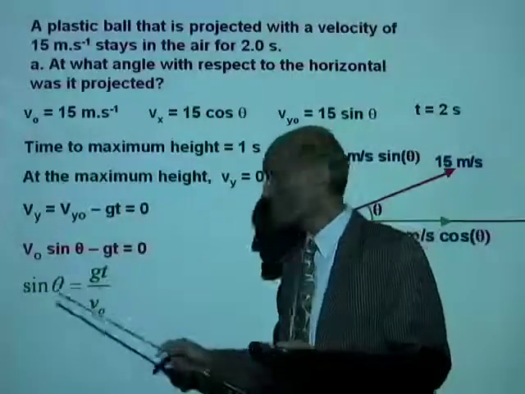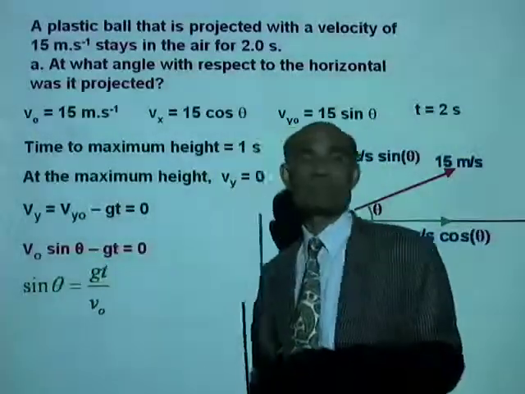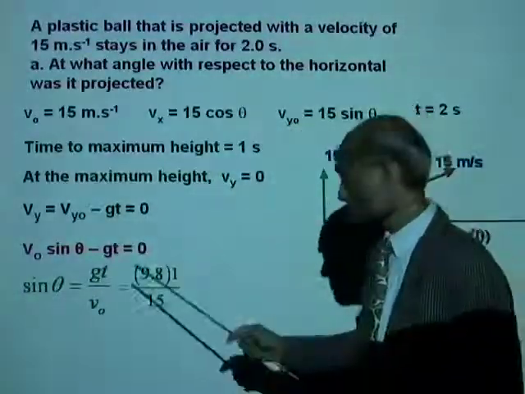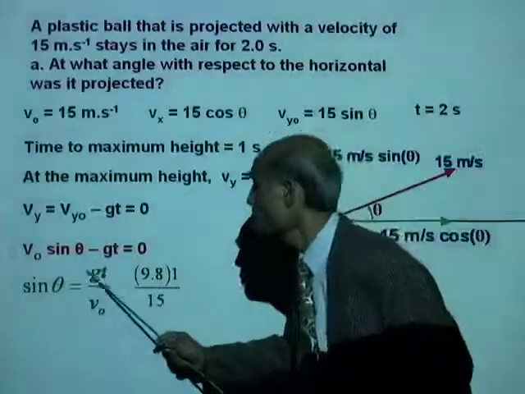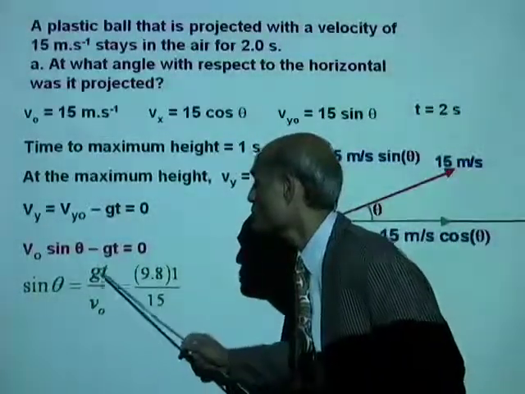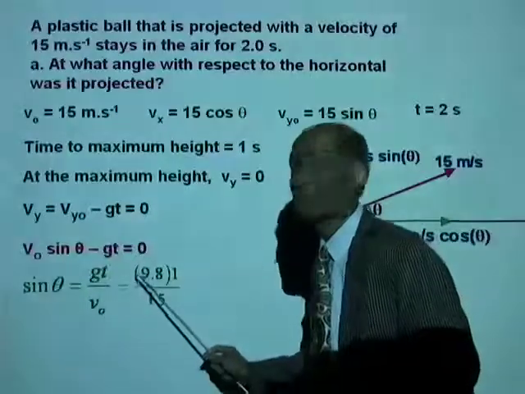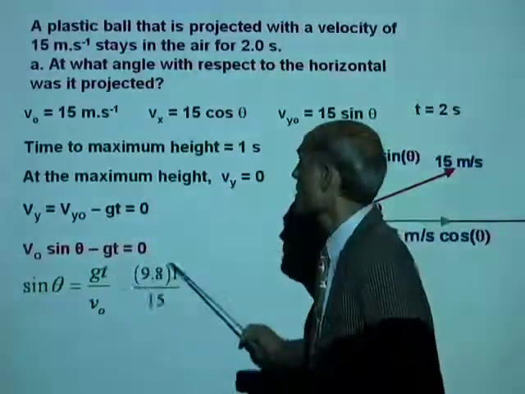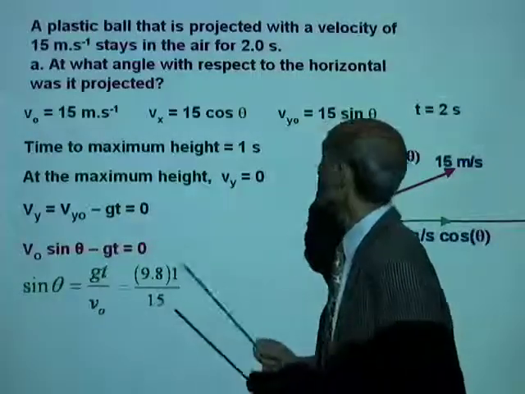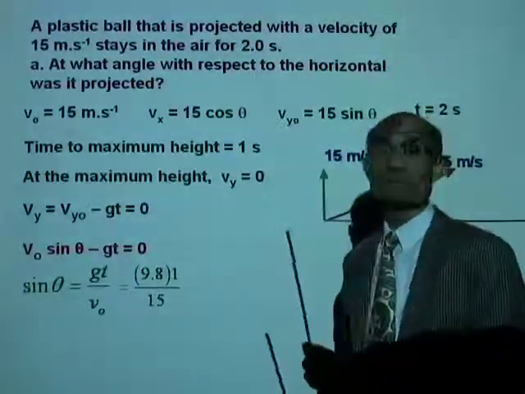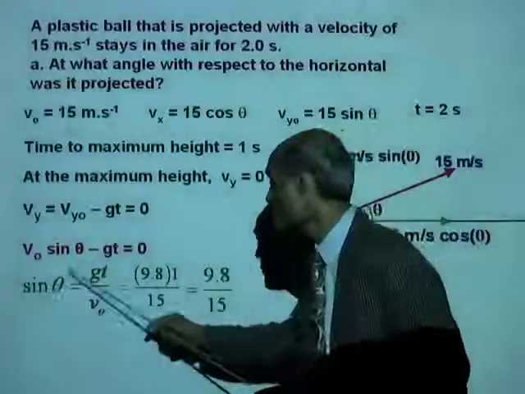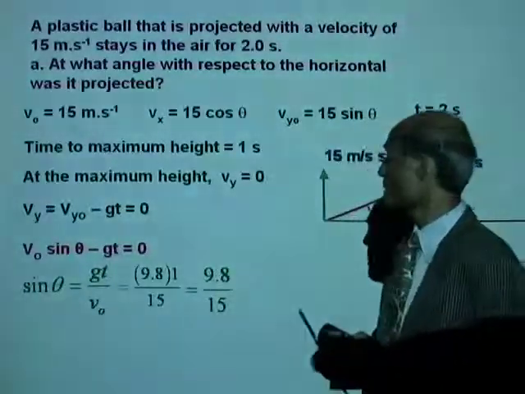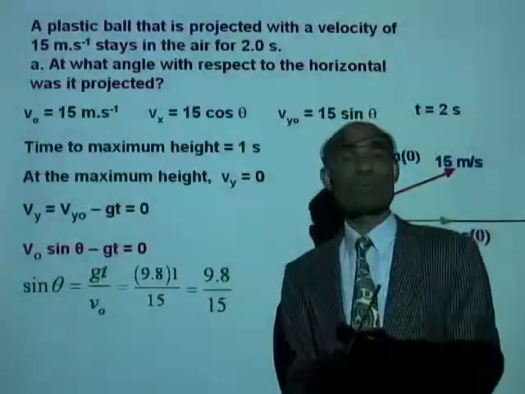That's okay? Let's leave that equation there. And, well, we know the value of gt over V0. You see, gt over V0, g is 9.8, t is 1 second, V0 is 15 meters per second. Therefore, sine theta equal to 9.8 over 15.